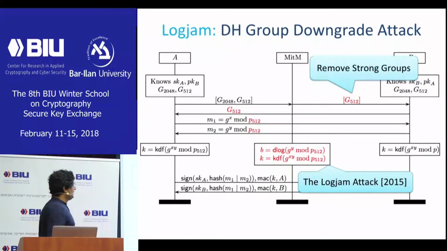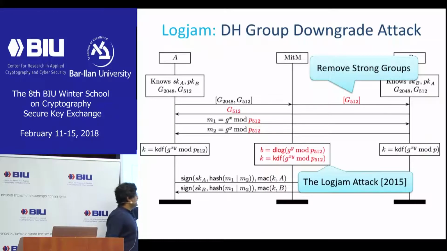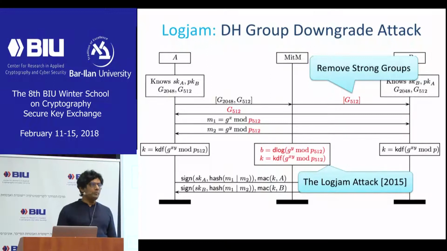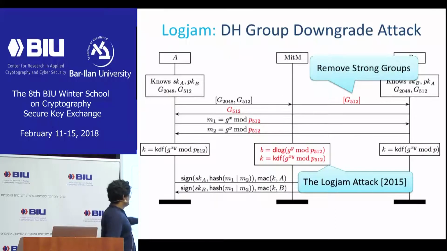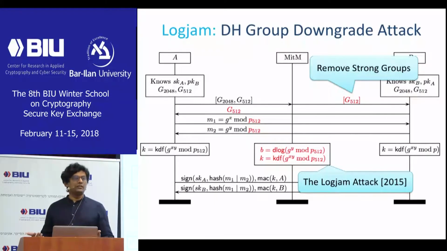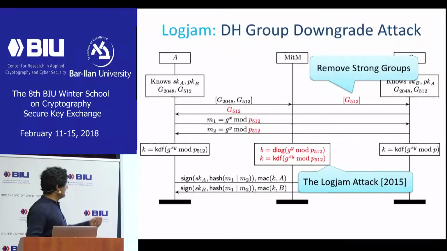So Bob sends back a message saying, okay, let's do the weak group. Now Alice thinks, maybe Bob only supports the weak group, so Bob is a legacy server. So she says, okay, let's do the weak group, and from this point on, the whole computation uses the weak 512-bit group, for which we know that we can compute the discrete log fairly efficiently, and so the attacker can completely break this protocol.